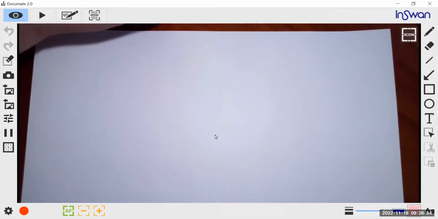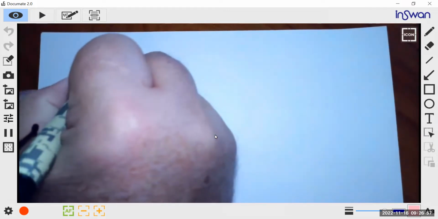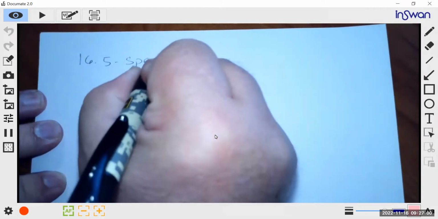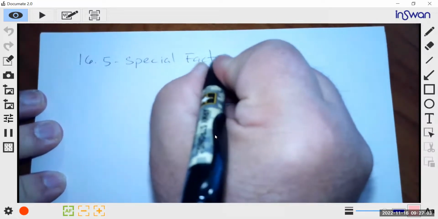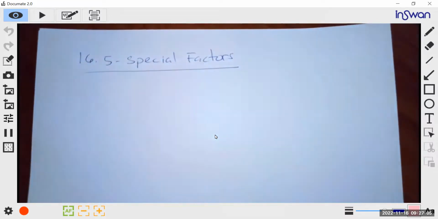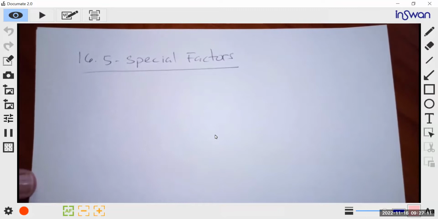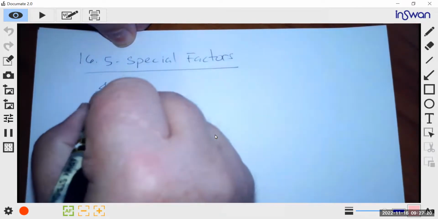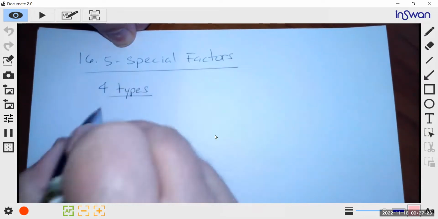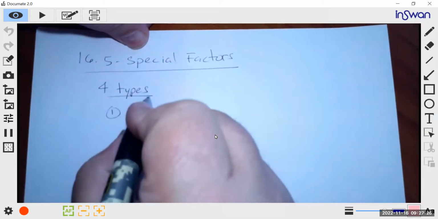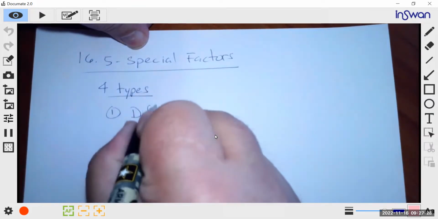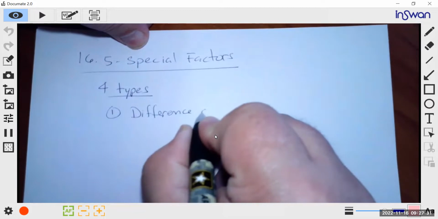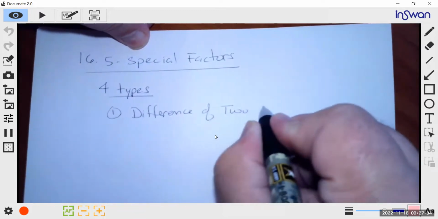All right. Section 16.5 deals with what are called special factors. There are 4 types of special factors. Difference of 2 squares.